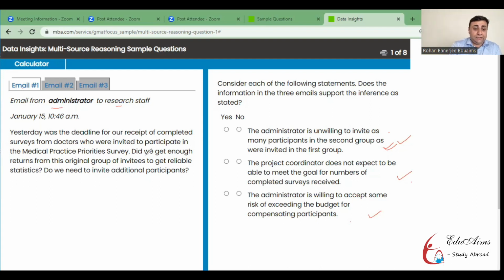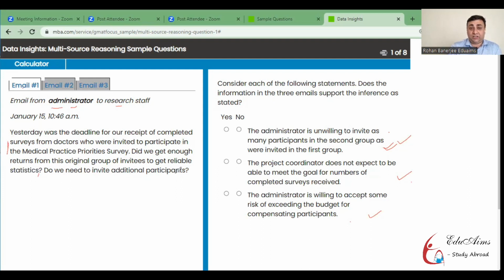Did we get enough returns from this original group of invitees? So they have sent some surveys, and the administrator is asking whether they have received enough returns from the original group of invitees to get reliable statistics, whether they have got the responses from all these surveys.